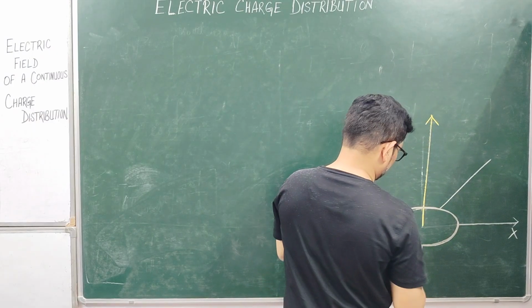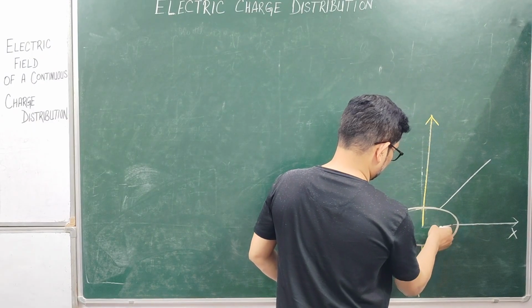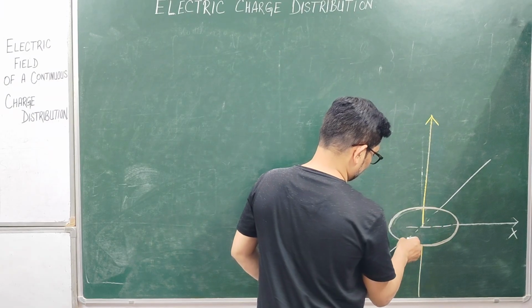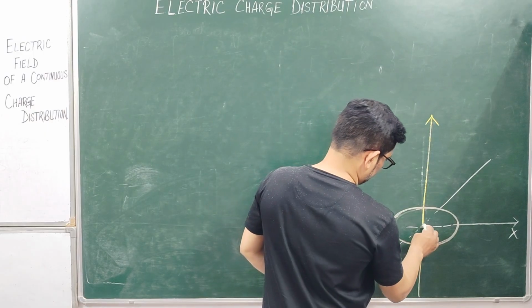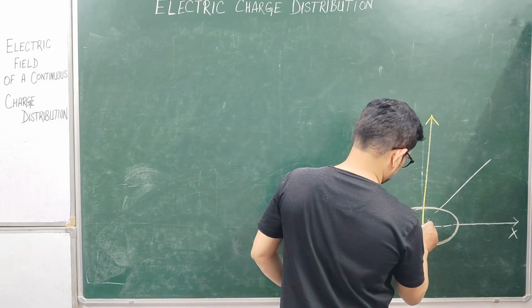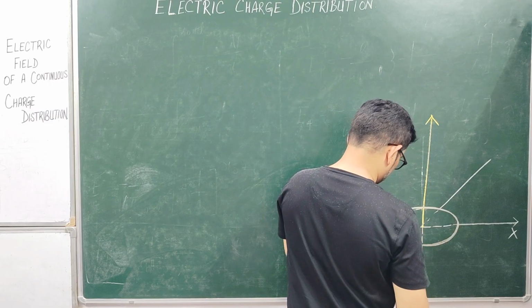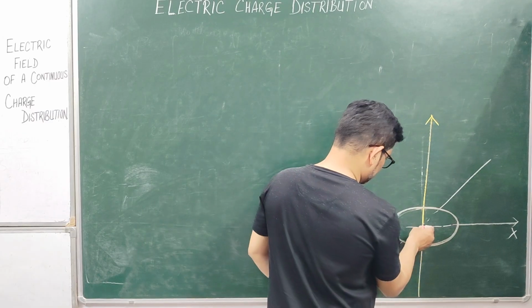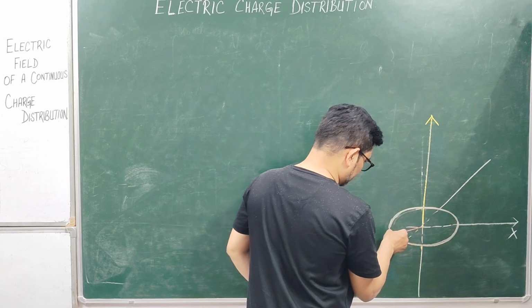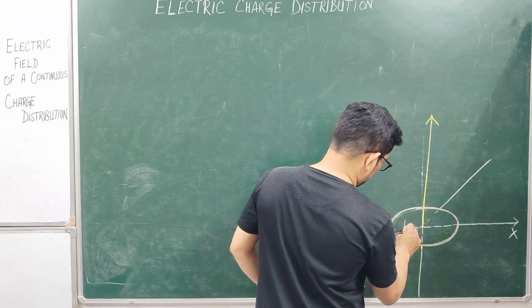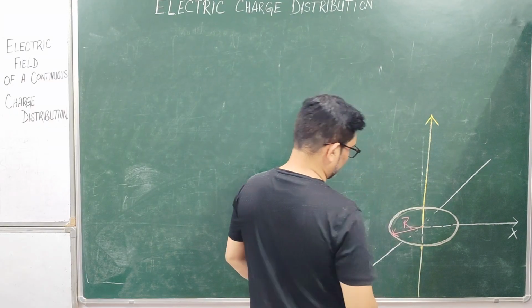So we can just make a dotted line to indicate this. So this is the center, and suppose the radius of this ring is capital R.